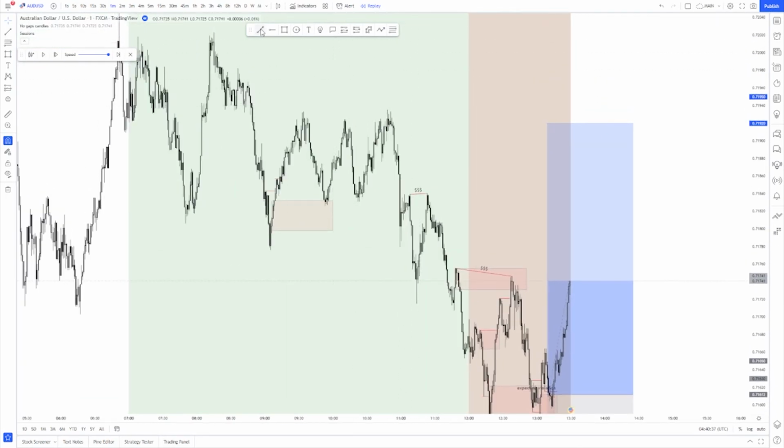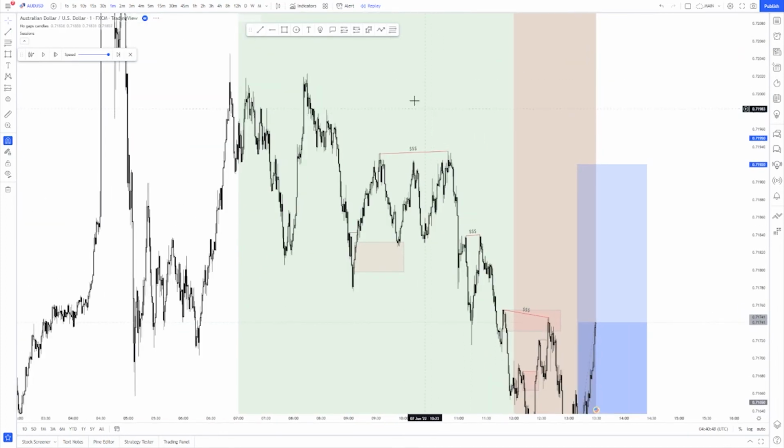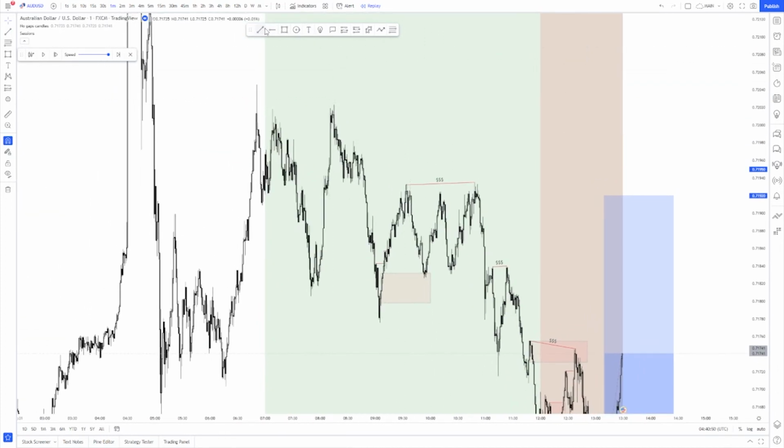We have equal highs likewise here too. All of these are liquidities that have been built over. We also have equal highs here too.